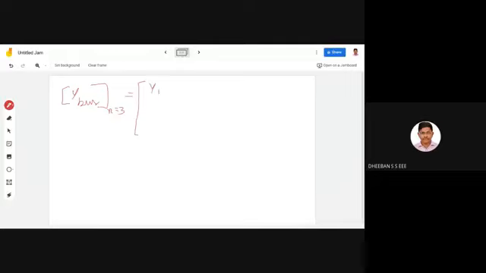It will be y11, y12, y13, y21, y22, y23, y31, y32, followed by y33. This is your 3 cross 3 bus admittance matrix, and from this we'll be finding all the values.